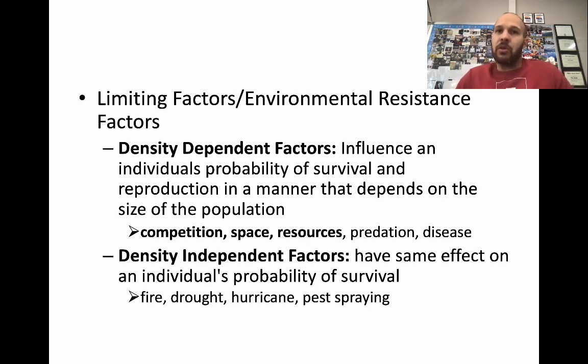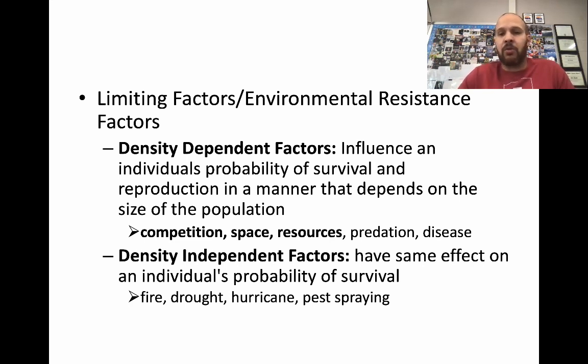Things that do limit population growth are divided into two pieces. One is density dependent factors and one is density independent factors. In general, density independent factors are things that happen randomly.